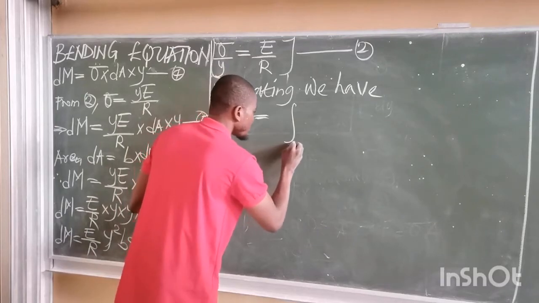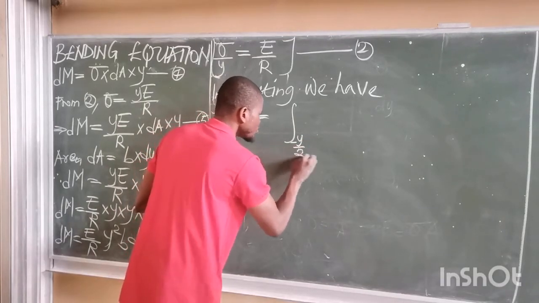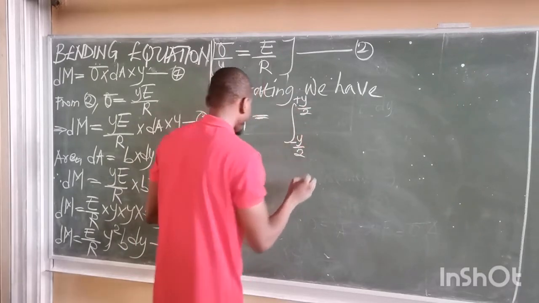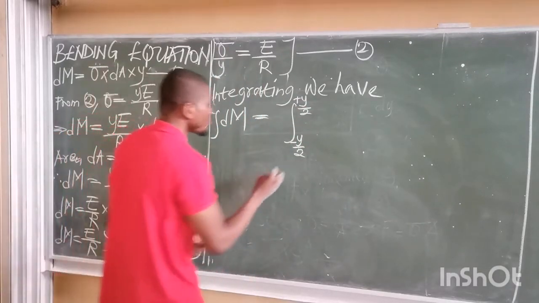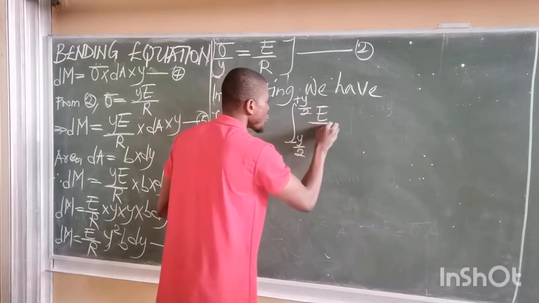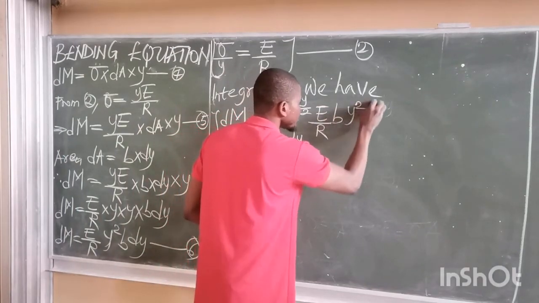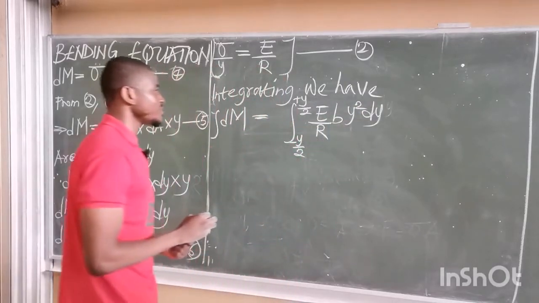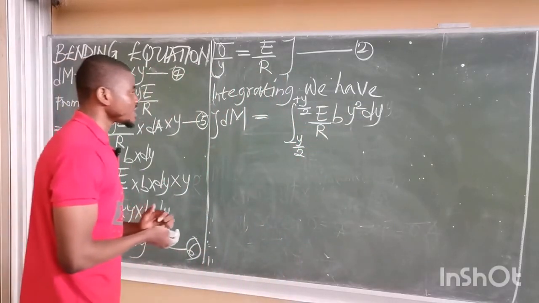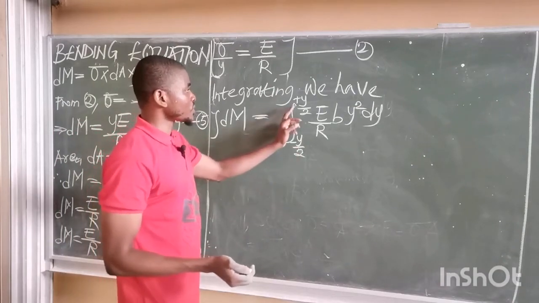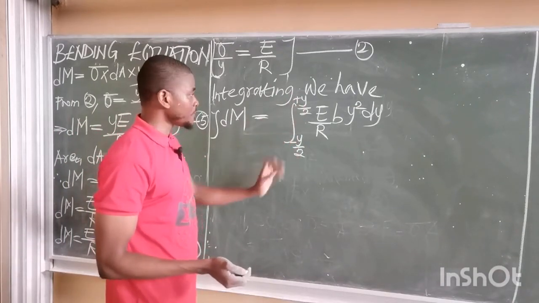Integral from minus y over 2 to plus y over 2 of the function given by the right hand side, which is simply E over R times B times y squared dy. So the limit of integration for the right hand side is simply from minus y over 2 to positive y over 2.